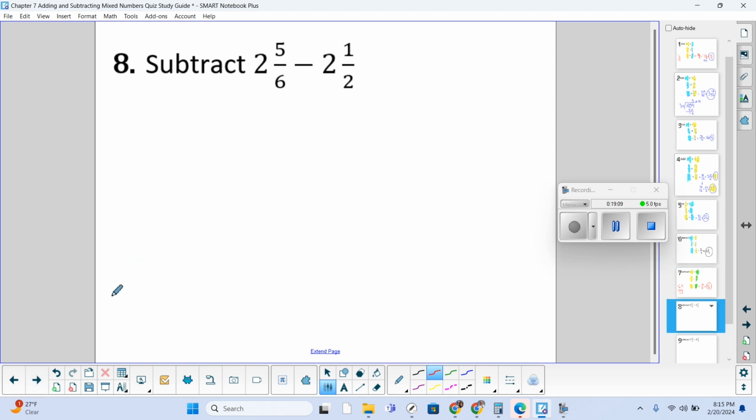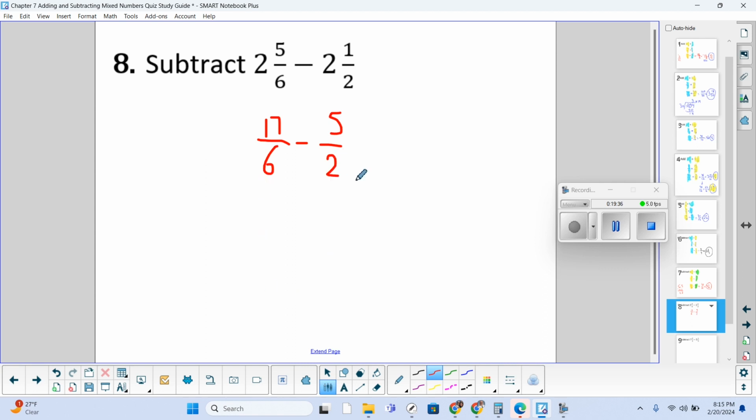All right, number 8. 2 5/6 minus 2 1/2. Well, 2 5/6 is equal to 2 times 6 is 12, plus 5 is 17. That's 17 over 6 minus 2 1/2. 2 times 2 is 4, plus 1 is 5. 5 over 2.